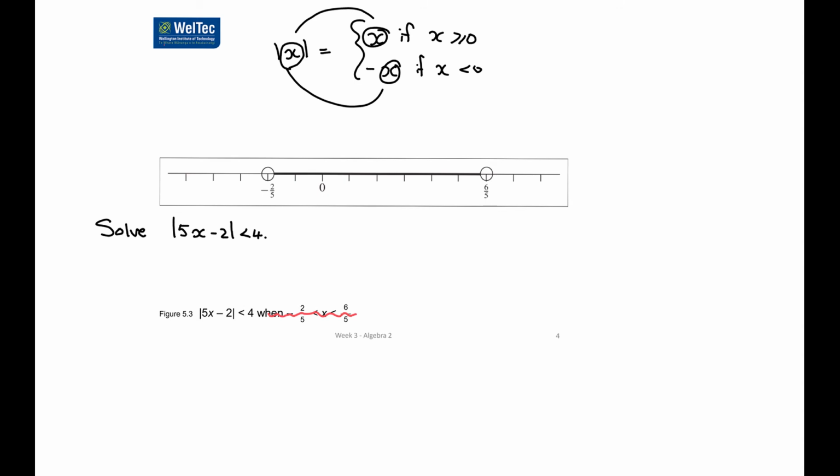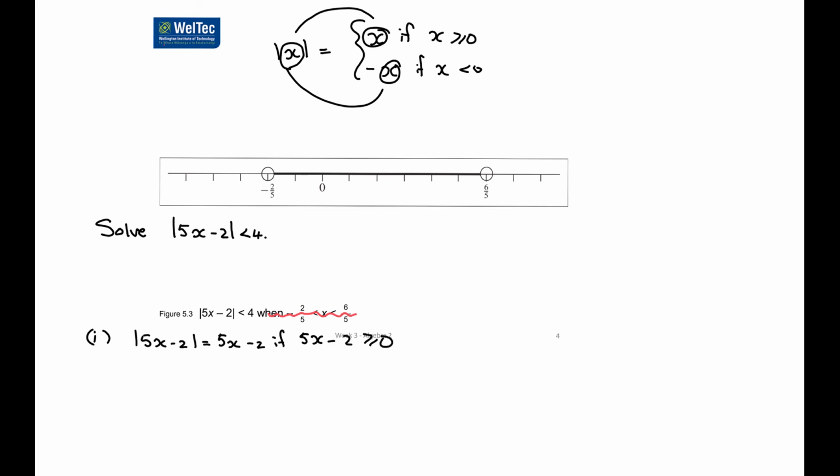So in this case, if we've got the first part of the definition, then the absolute value of 5x minus 2 is going to equal 5x minus 2 if the bit in between the modulus signs, 5x minus 2, is positive.